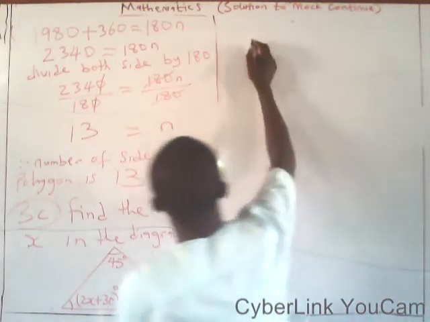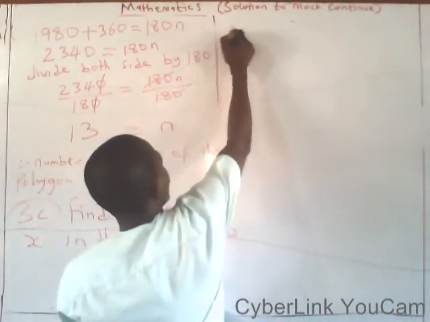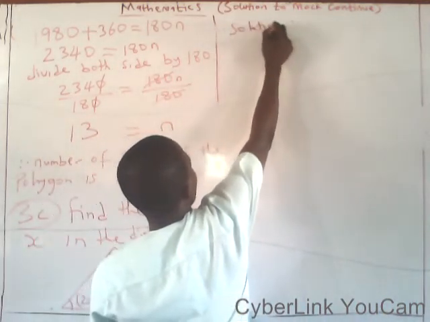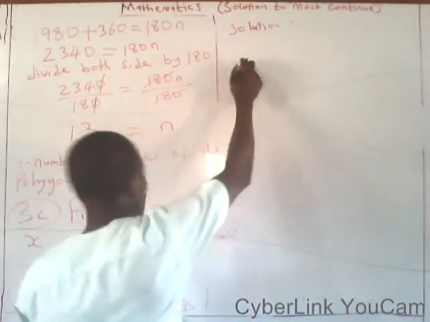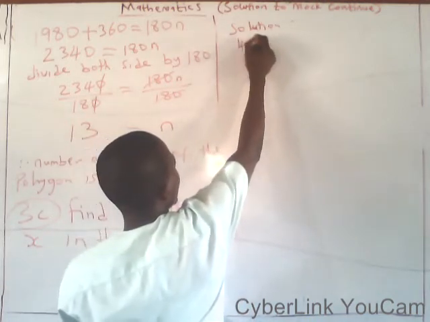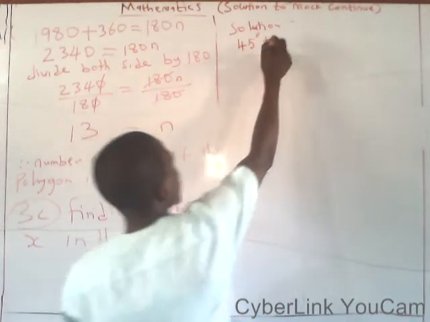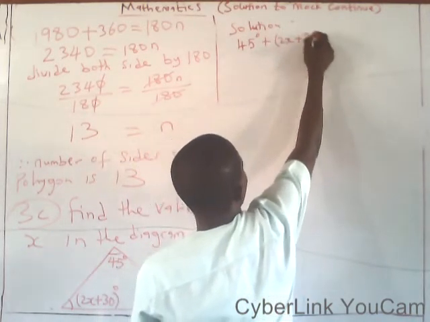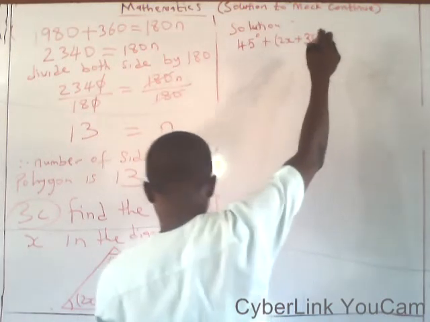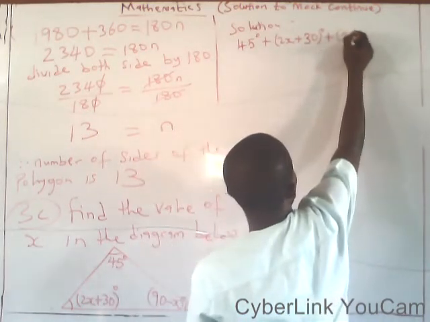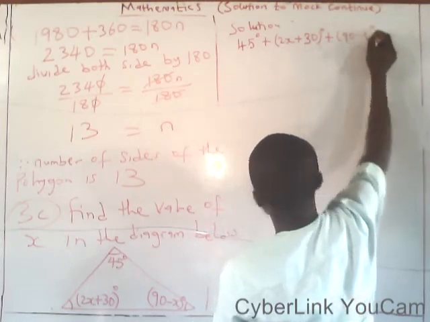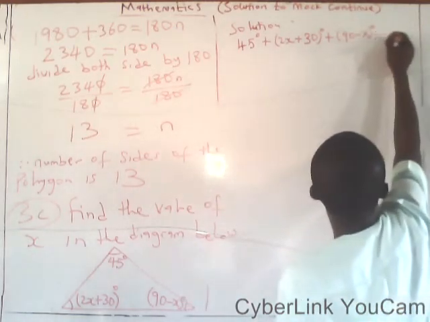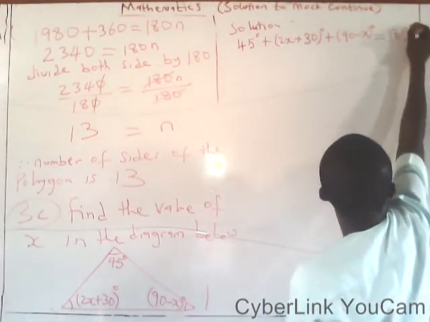You are now going to rewrite it, and your solution will now be this: 45 degrees plus 2x plus 30 degrees plus 90 minus x degrees. Everything is equal to 180 degrees.